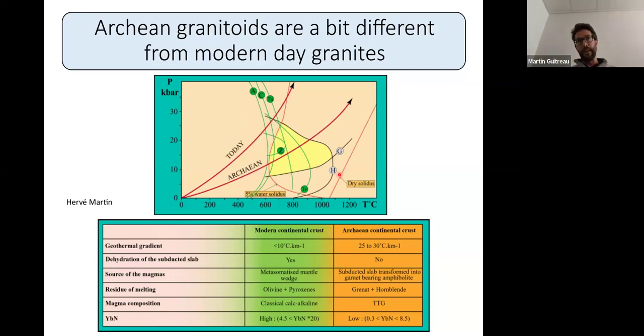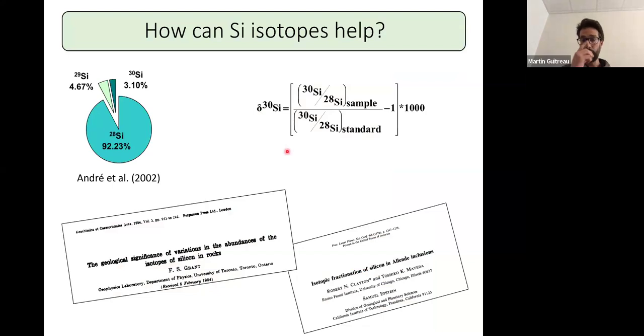So in a nutshell, the difference between the modern and the Archean crust can be accounted for by plate tectonics, but with a different way of working, with slight differences in terms of geothermal gradients. But it could also be formed in another context. And so that's when I think that silicon isotopes can provide some important insights.